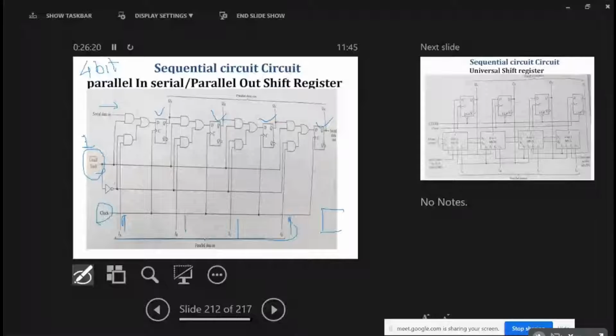Here one NAND gate is utilized and an OR gate is utilized, where the output of the OR gate behaves as the input of the individual flip flop.